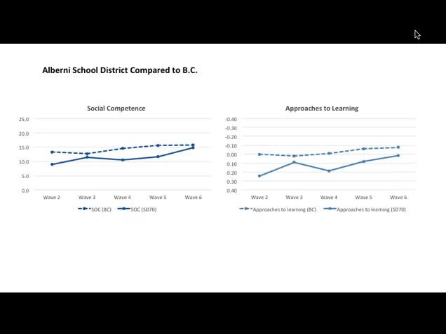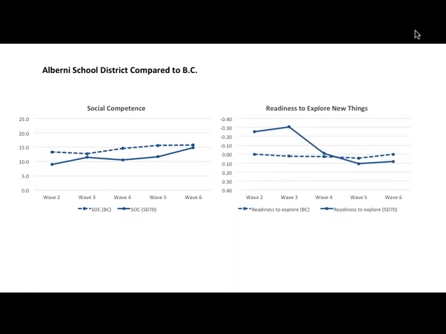Approaches to learning, again, better than the province, but showing also this kind of worsening over time. And finally, the one that's quite different than the rest, readiness to explore new things, which is about curiosity and eagerness.